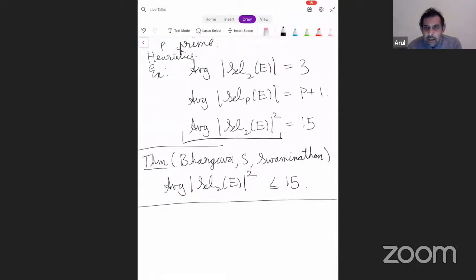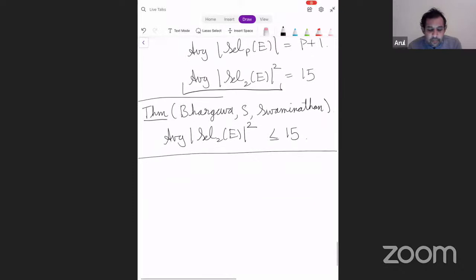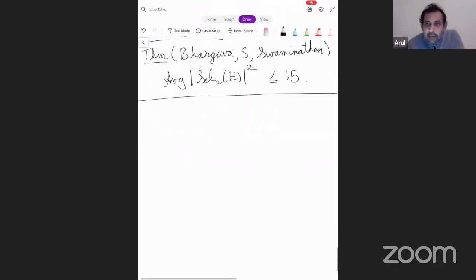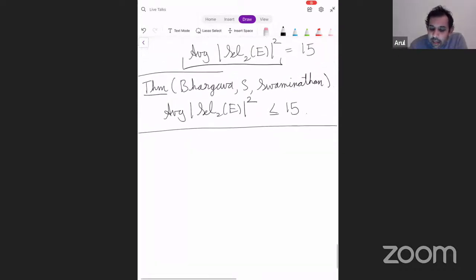Okay, so before delving into the proof of this result, which I'll explain in the last 15 minutes or so, I would like to begin by giving a separate heuristic for why we should expect this average size of the square of the 2-Selmer group to be 15.